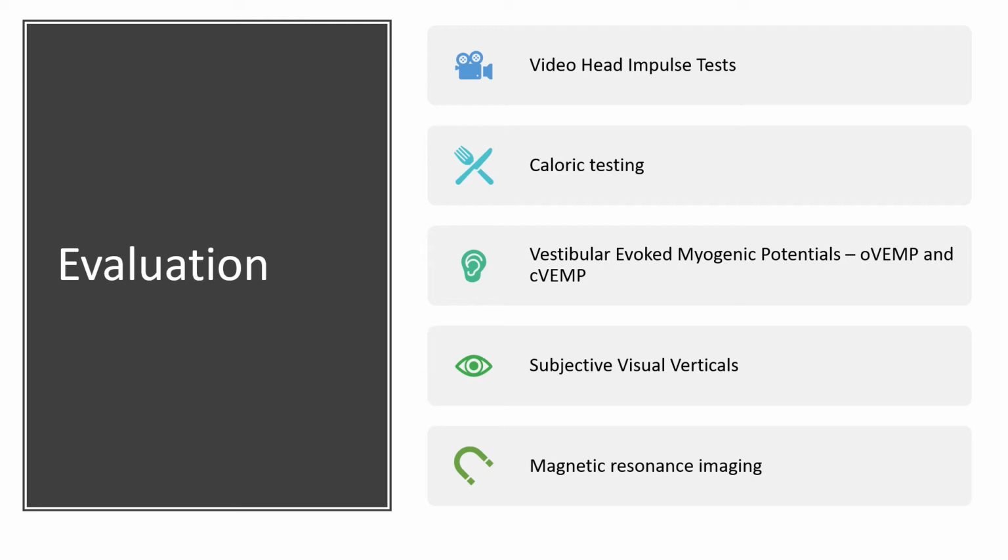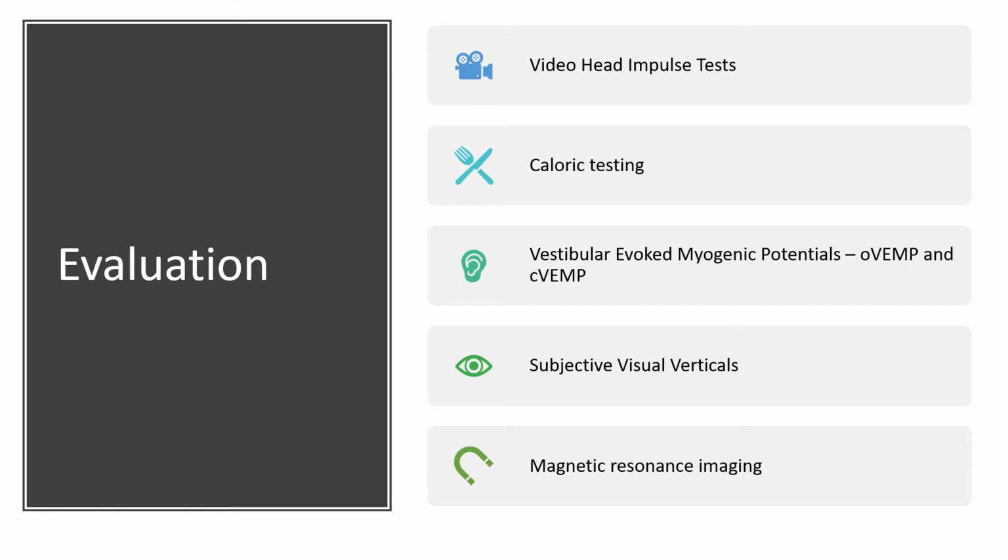So what are the laboratory tests that can be done in a patient with vestibular neuritis? All these, V-HIT, caloric testing, VEMPs, and SVV, were discussed yesterday, so I'm not going to touch on them today.